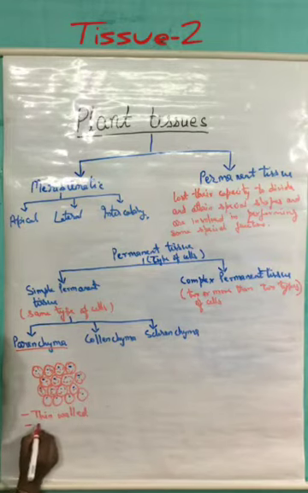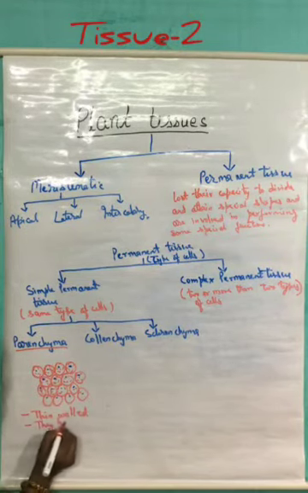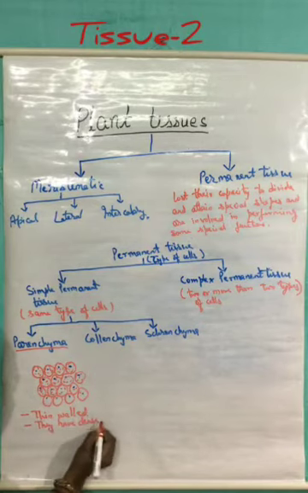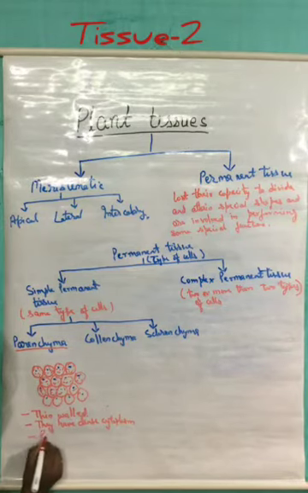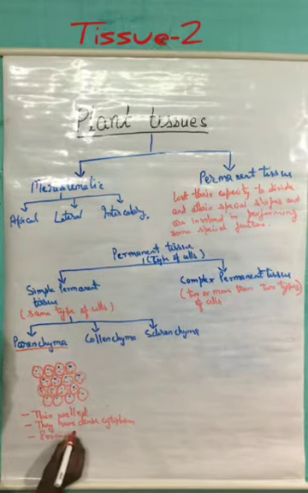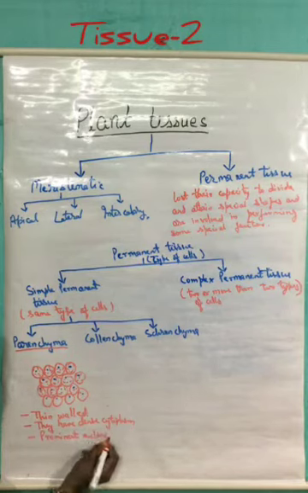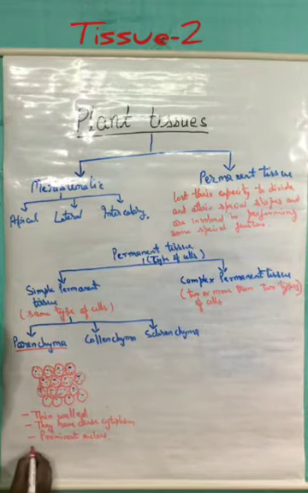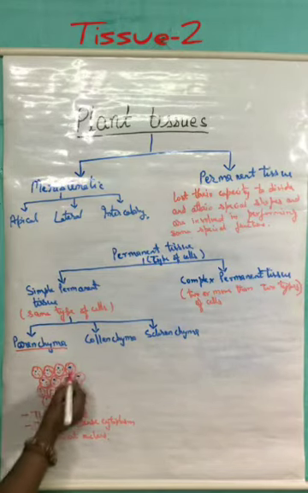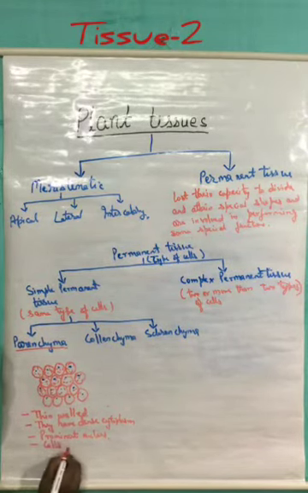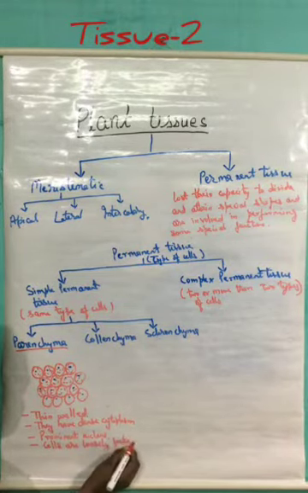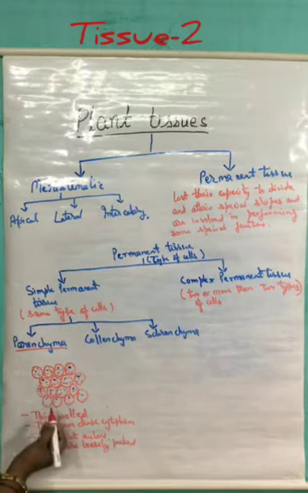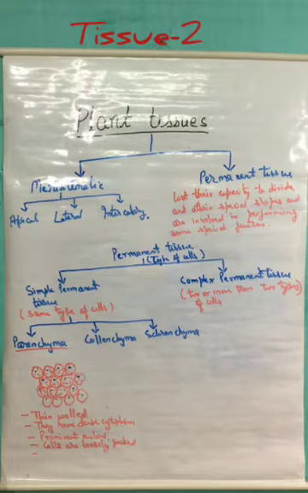Now we can say they have dense cytoplasm and prominent nucleus. The cells of the parenchyma are loosely packed. If the cells are loosely packed, we can see in between the cells the presence of intercellular spaces.